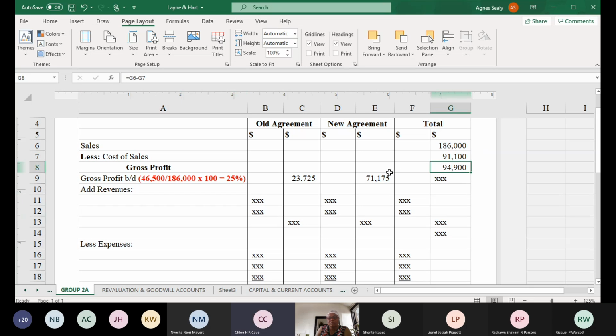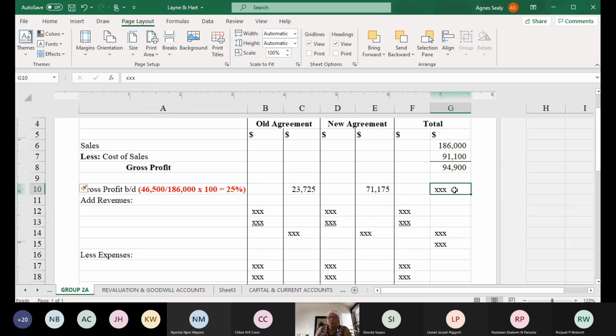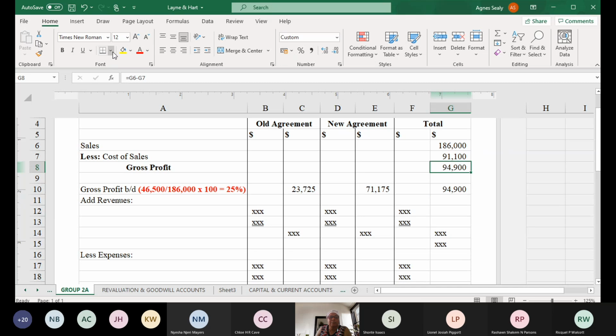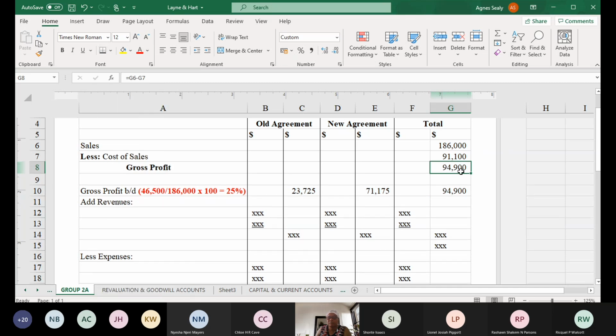Oh, so basically, I get it. However you generate the sales, the profit is also generated in that same manner. So this here is your original gross profit. This is the original gross profit that you would have calculated here, 94,900.